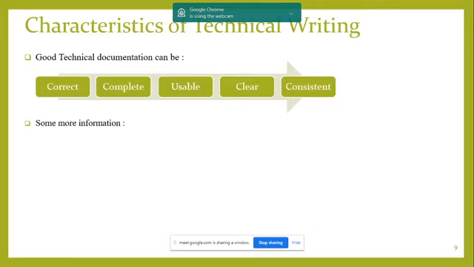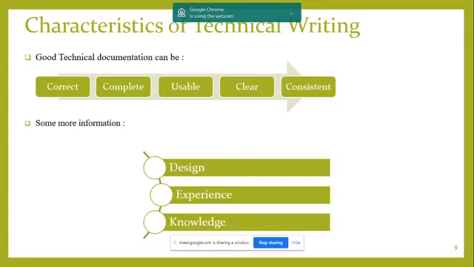Okay, I formulated everything. Is that enough, do you think? No. Still some more points need to be added in your technical writing. That is design, experiments, experiences, and knowledge. These come only when you have started writing multiple articles. When you have experiences, definitely you can formulate them in your paper very quickly. Design is nothing but your structure.